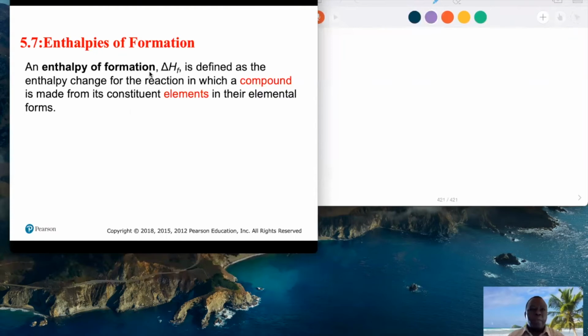So enthalpy of formation, delta HF, stands for enthalpy of formation and is defined as the change in enthalpy for a reaction in which a compound is made from its constituent elements. I have highlighted the compound and the elements. This is a compound, all right, made from the constituent elements, oxygen and hydrogen.